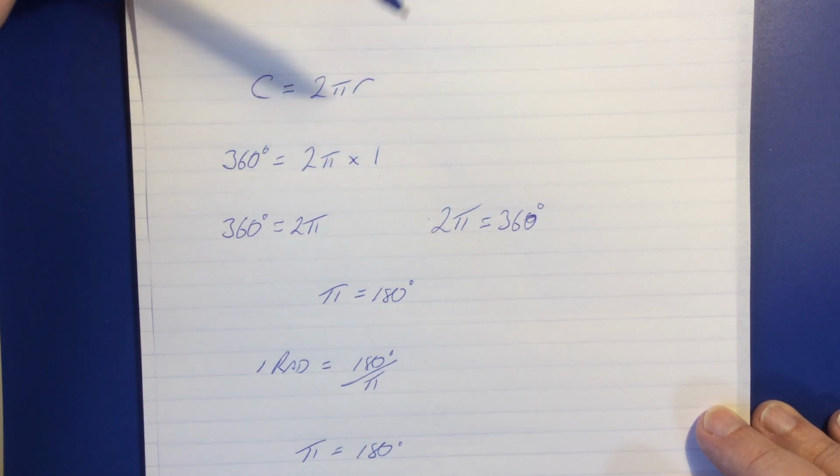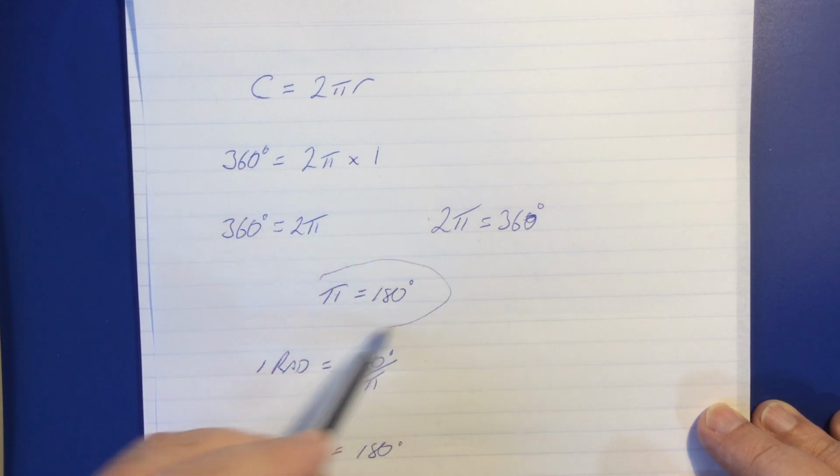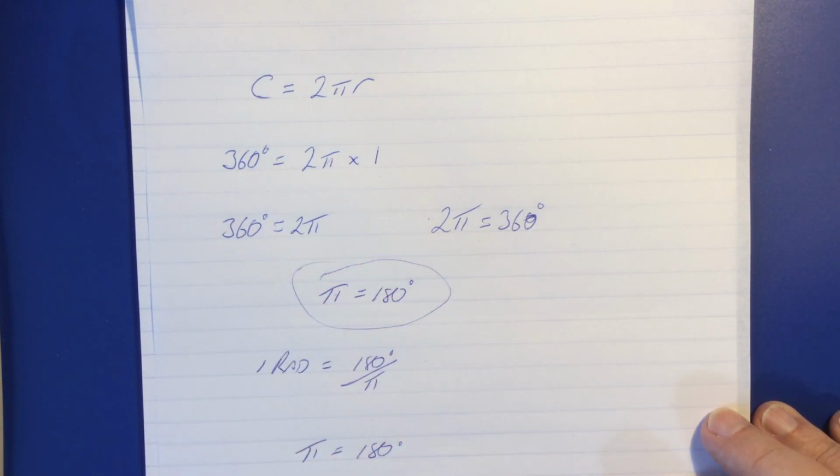So 2 pi equals 360 degrees. And therefore pi, we can say, is equal to 180 degrees in the case of our unit circle.